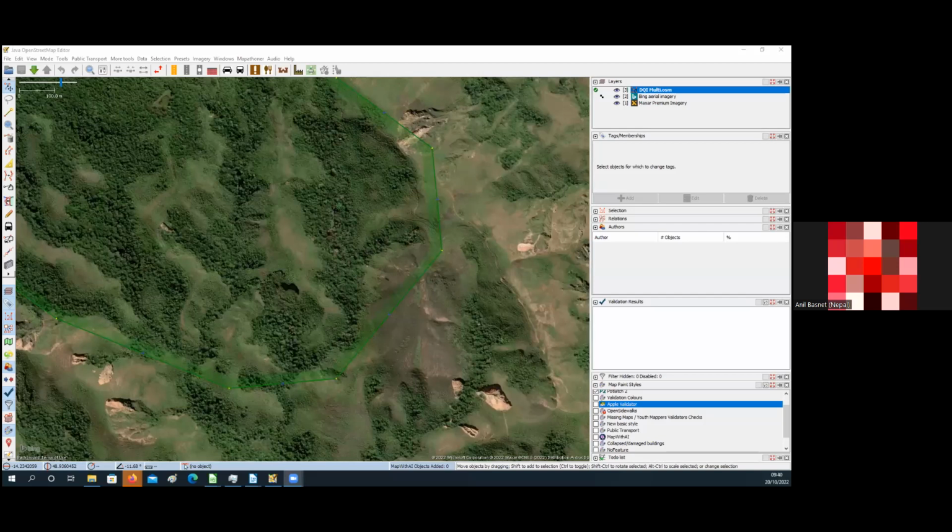Is that a problem? And another question: when we combine two ways, let's say two 250-meter ways are mapped, and we combine them to make a 500-meter way, in this case also the history was deleted. Is that a problem?